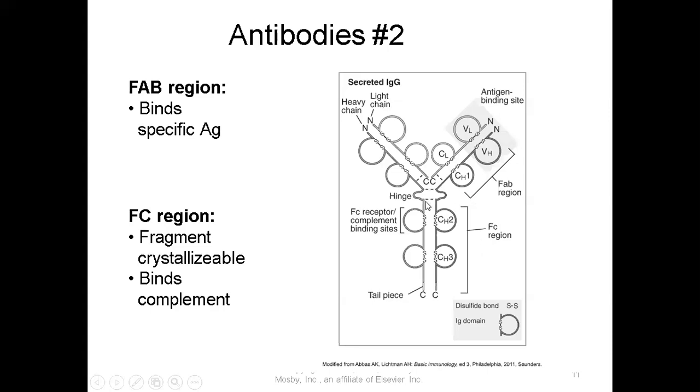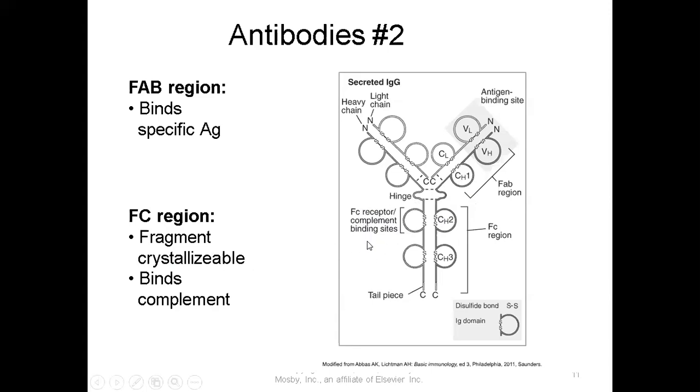When we look at this area of the basic antibody molecule, we can see that there's another area here called FC. And FC is very logical: you see that C binds something called complement. It's also referred to as fragment crystallizable.